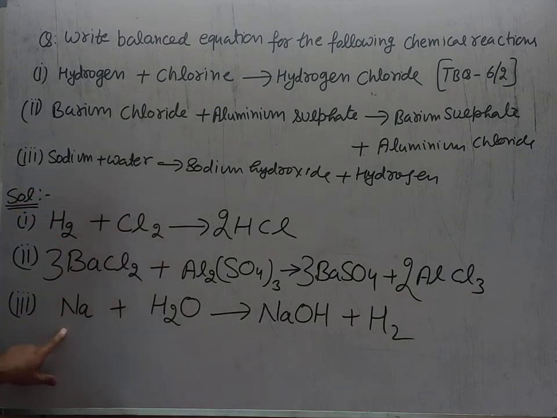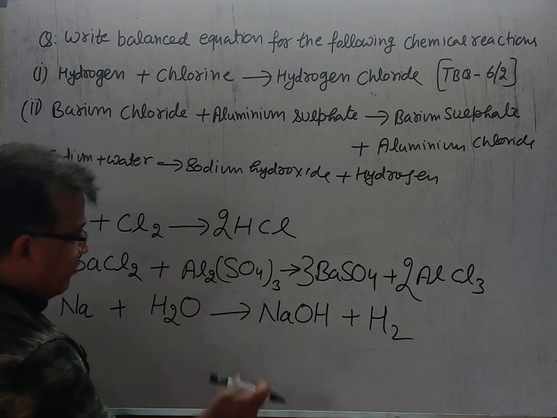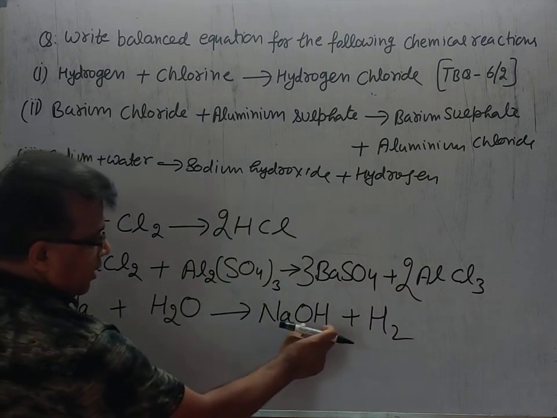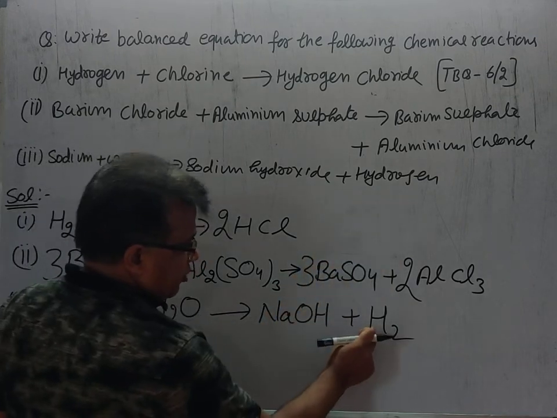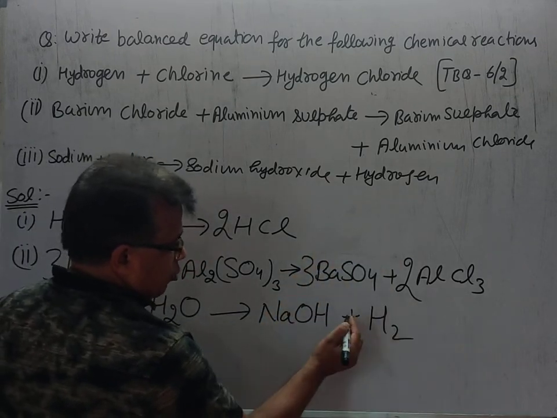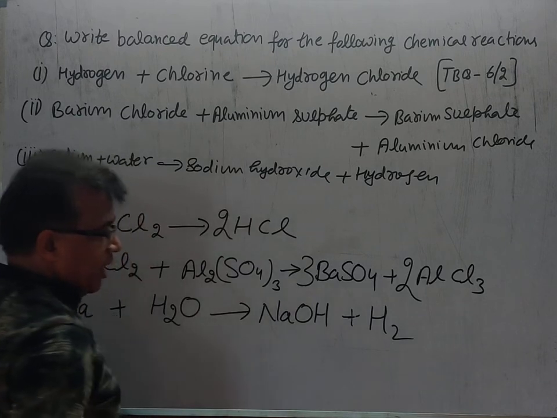Sodium is simply the symbol Na, water is H2O. Sodium hydroxide: the valency of sodium is 1, hydroxide is 1, therefore nothing is placed. Hydrogen, we always write as diatomic H2 when it is alone.